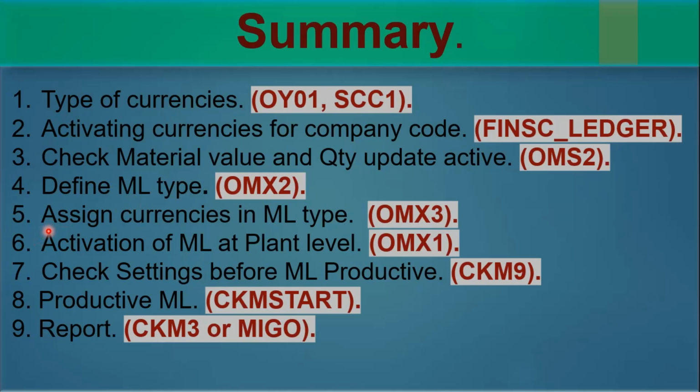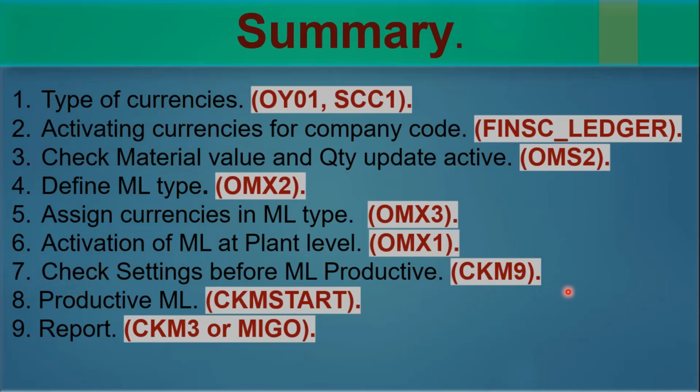Then we assigned that material ledger type to the particular valuation area or plant. Then we actually activated material ledger. We just activate the tick and give the appropriate price determination, 2 or 3. Most of the time 3 is used if that material has a standard price. In the moving average case we always keep it 2.